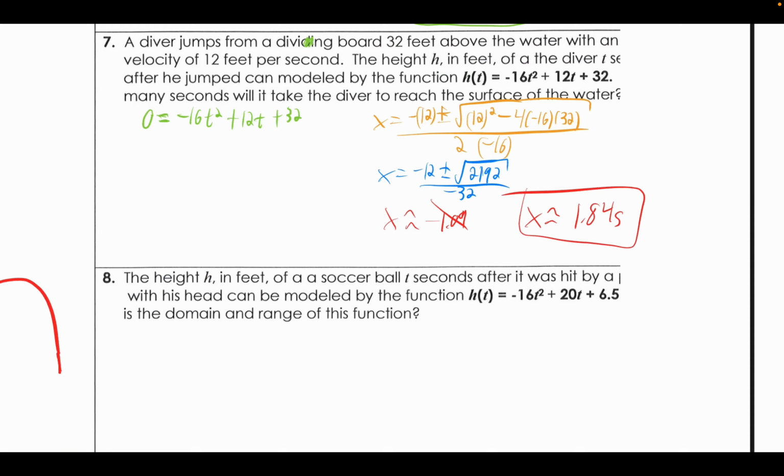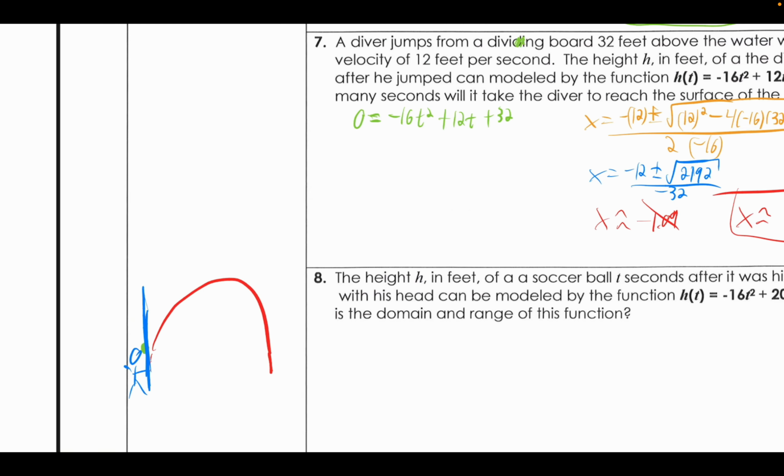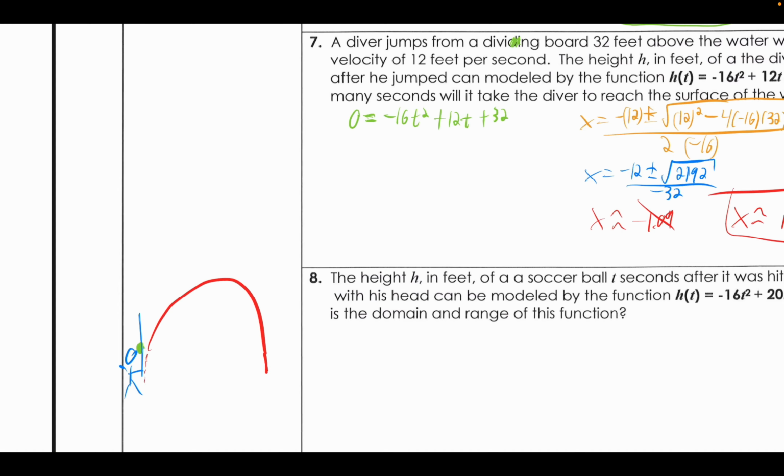That's timestamp 0 right there when they're heading the ball. And then we're going to have our ending time right over here and our maximum height here, as well as our minimum height here. So the range is going to be 0 feet to whatever the feet is up here, whereas the domain is going to be 0 seconds from here all the way to whatever time is at this point.